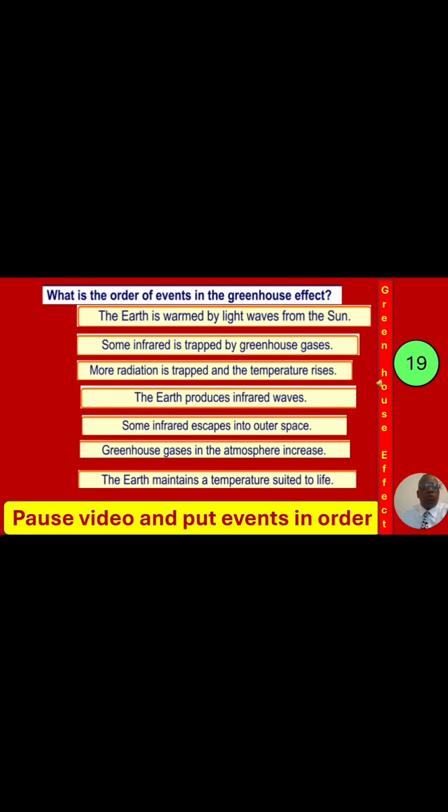Okay, the first one, the earth is warmed by light waves from the sun, and after that happens, the earth produces infrared waves reflecting the radiation back into the atmosphere, and some of the infrared escapes into outer space. However, some infrared is trapped by the greenhouse gases, and the earth maintains a temperature suited for life. Greenhouse gases in the atmosphere increase, more radiation is trapped, and the temperature rises.